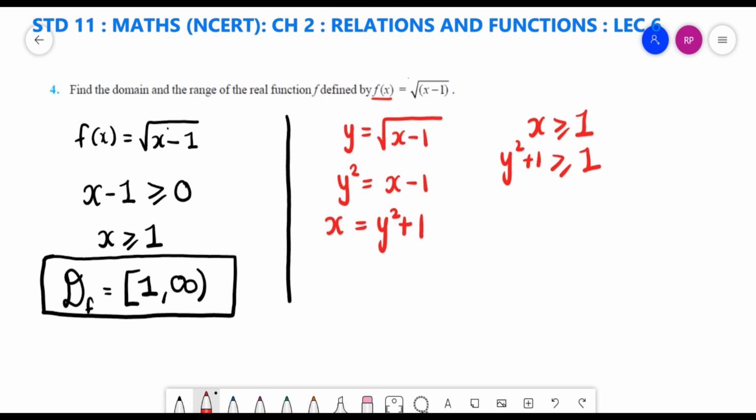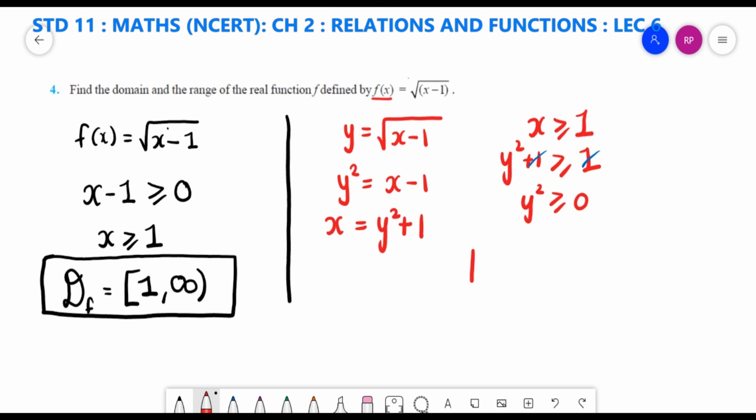That means y square plus 1 must be greater than or equal to 1. Clear? So here 1 will get cancelled. Right? So the value of y square must be greater than or equal to 0. Now we know that the square is always positive, or 0. So we can get any value of y. Its square will always be greater than or equal to 0.